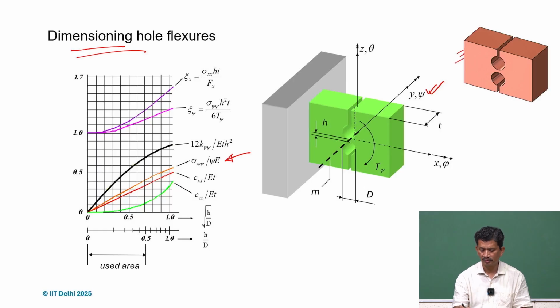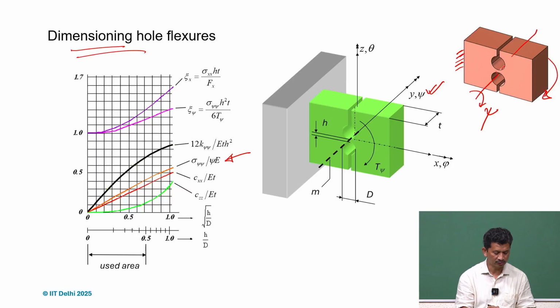Again, the 3D CAD helps us to visualize it well, and you can have a moment acting and there will be a hinge. So psi. This is what we are interested in.